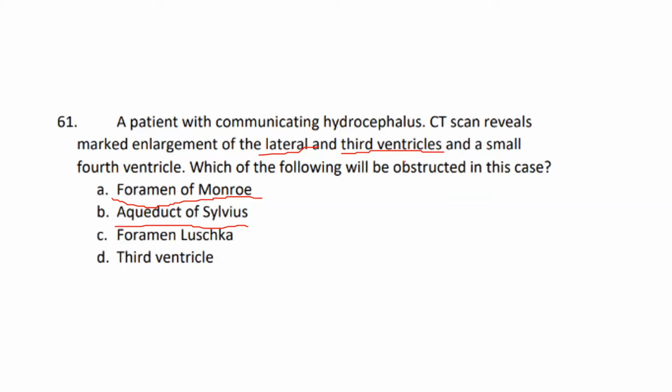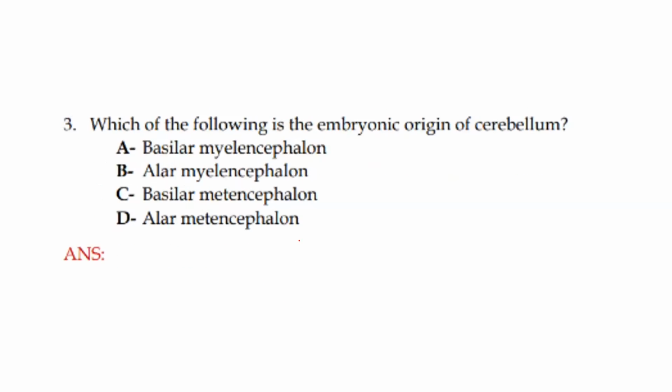Enlarged lateral ventricles. Yeah. So it's going to be enlarged lateral ventricles and a small third ventricle because the CSF isn't flowing from the lateral to the third ventricles. Okay. A foramen of Luschka obstruction would present with a large fourth ventricle, and an obstruction of the third ventricle is going to be very sad.